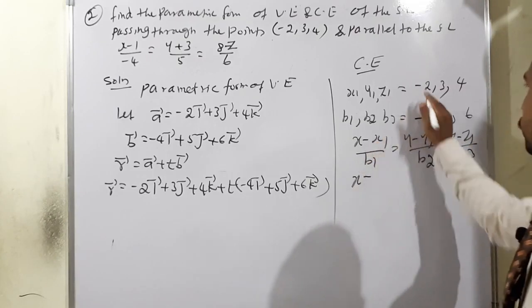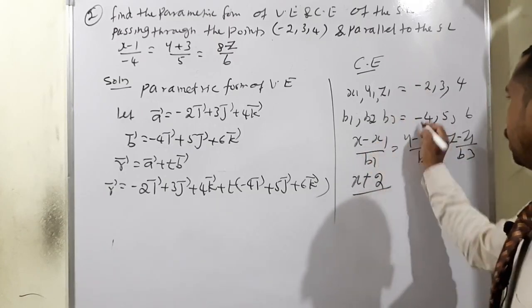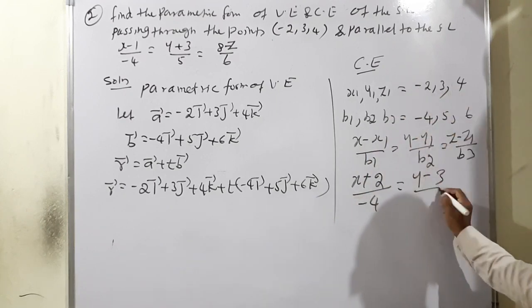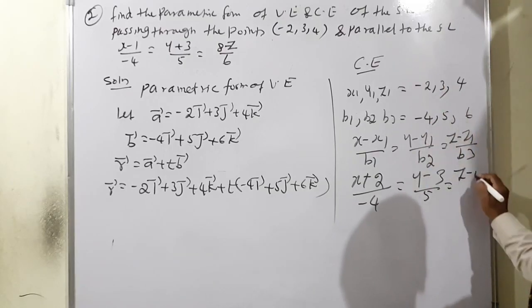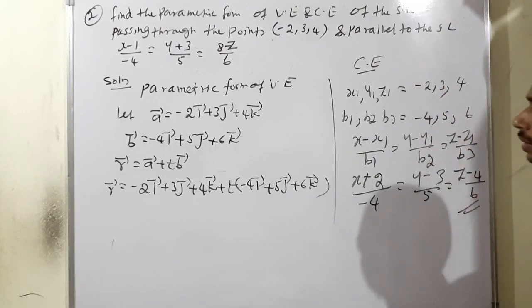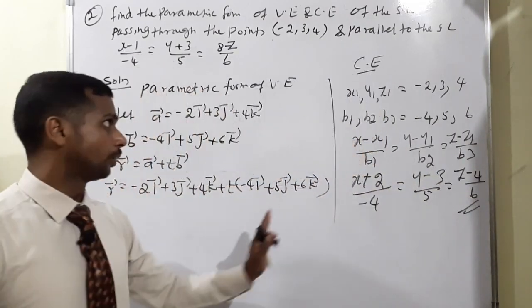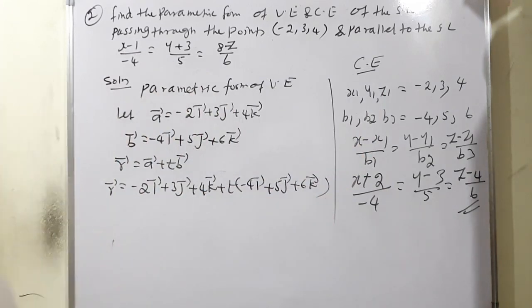Therefore, for x minus x1, a negative sign is already there, so negative means positive: (x plus 2) by negative 4 is equal to (y minus 3) by 5 is equal to (z minus 4) by 6. This is the answer for question number 2, both parts, the Cartesian equation and the vector equation. Okay, I will continue with the next question.